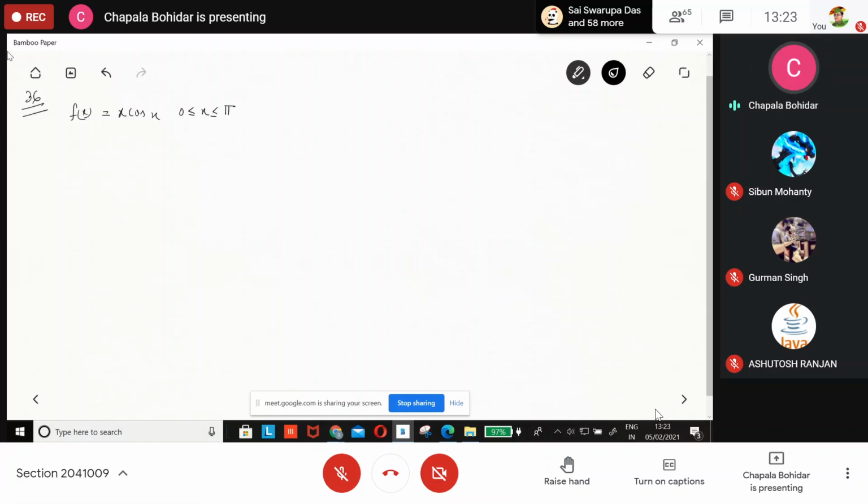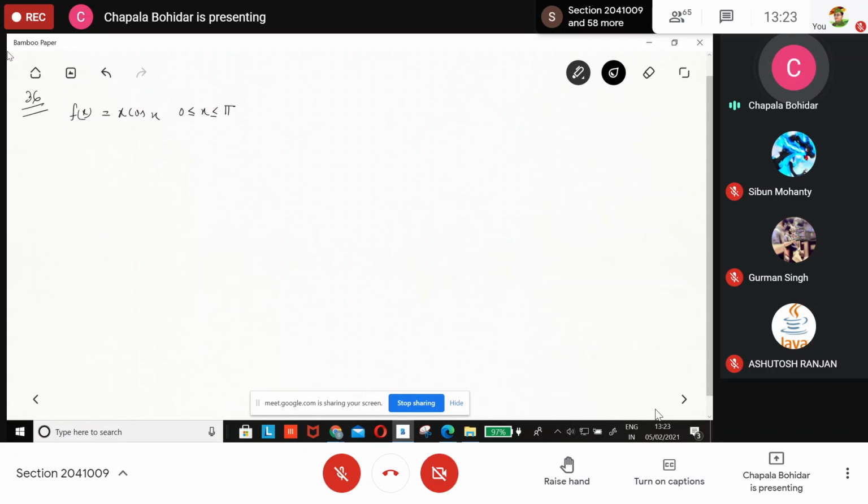Correct to 6 decimal places. Clear here? Yes, ma'am. Okay. So when you are finding the absolute maximum value or absolute minimum value, what you are doing in that case? We first find the critical points. That means that is the root of that equation.